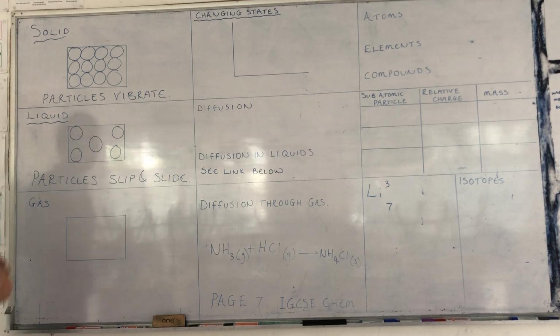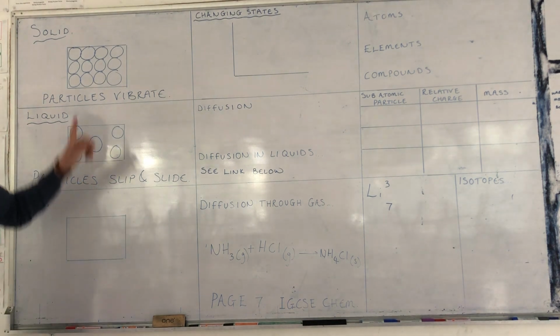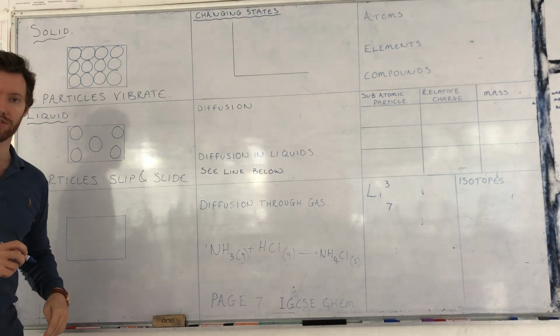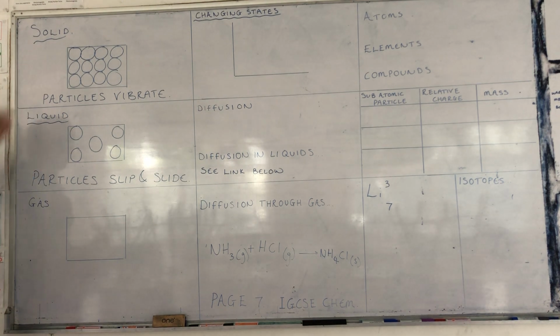So we have vibrate, slip and slide. We can see how we're changing the way in which these particles are arranged. So nice and easy, solid, liquid, and finally we are going to look at our gas here.